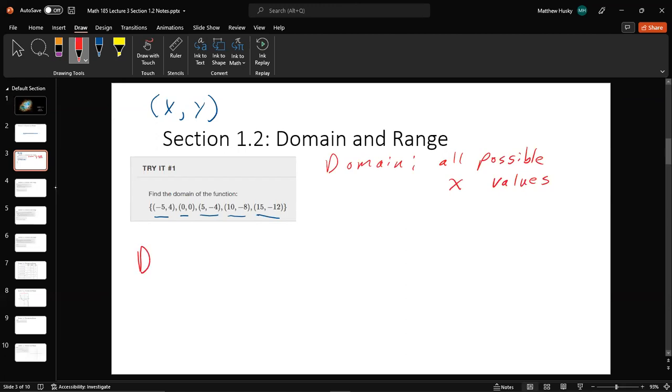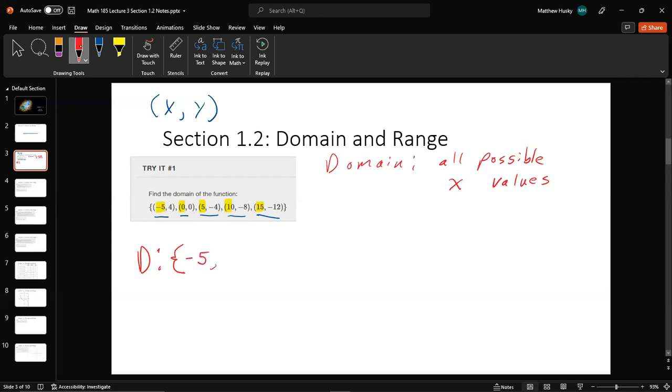So what you would do is you would say D for domain, and then we'll put this squiggly bracket here. What are all the different x values that we see? There's a -5, a 0, a 5, a 10, and a 15. That's it. So we're just going to make a list of all of those, and we're going to say, okay, here's your domain.